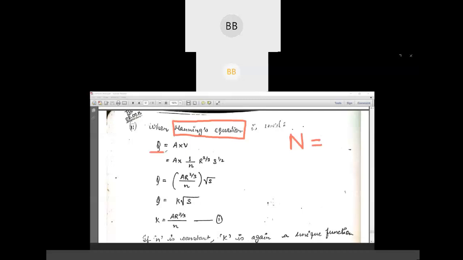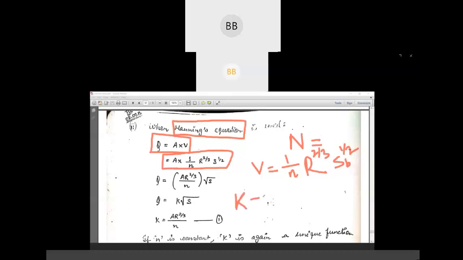So first we will take this equation, that is discharge equal to area into velocity. Then we use Manning's equation in place of velocity, 1 by n R to the power 2 by 3 S_b to the power half. So we have substituted here. Then these are again similar.